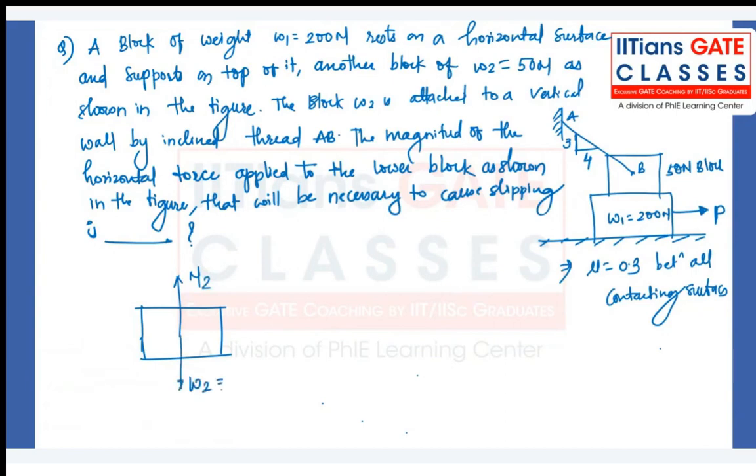We have one string making an angle theta with the horizontal, so the horizontal component of that tension will be Tx and vertical will be Ty. Tan of theta is equal to 3/4, so theta is tan inverse of 3/4, and that is 36.86.